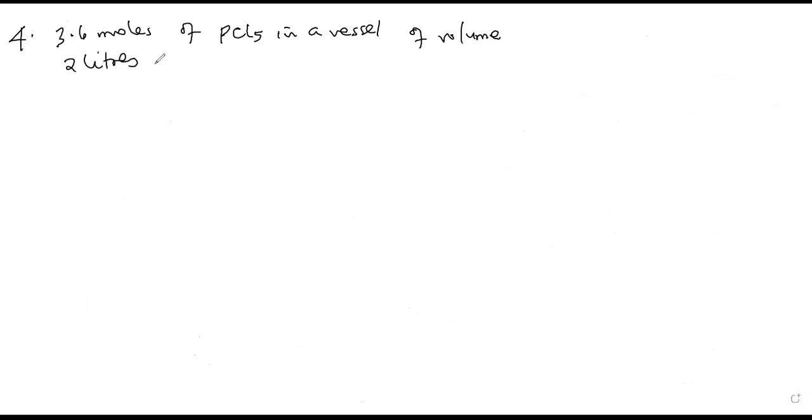Supposed to be number 4: 3.6 moles of phosphorus pentachloride in a vessel of volume 2 liters was found to be 38% dissociated.